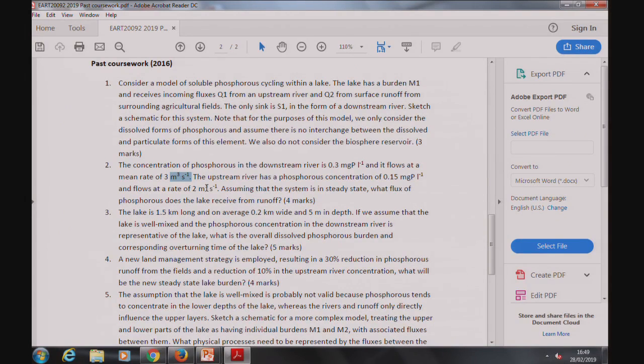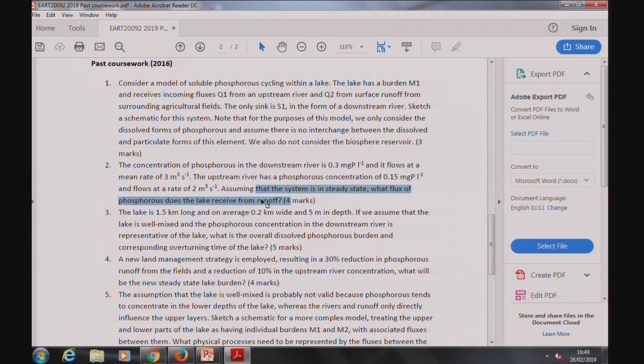So what's that saying? If you were to measure the concentration of phosphorus in this downstream river, it would be 0.3 milligrams per litre in the water, and the flow rate of water is 3 meters cubed per second, and similar for the upstream river. So assuming that the system is in steady state, what flux of phosphorus does the lake receive from runoff?